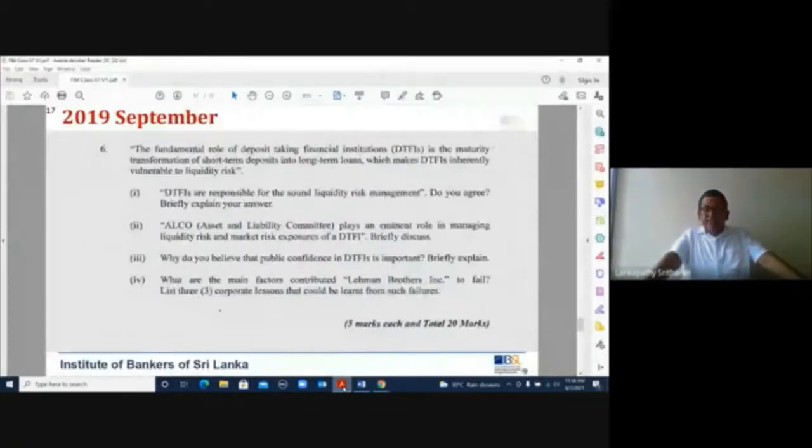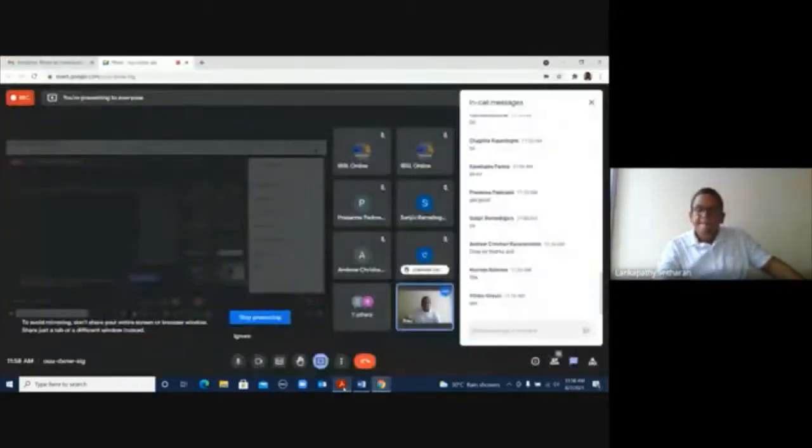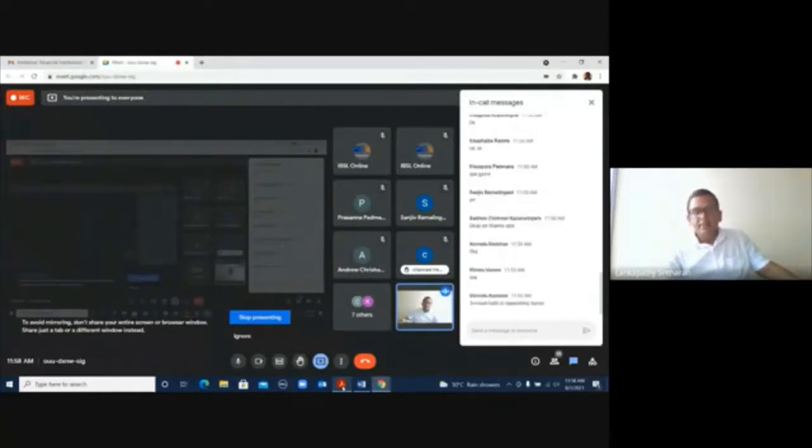Why is public confidence important for a deposit-taking finance institution? Come on, students. We have actually discussed these things, and I know the example also.